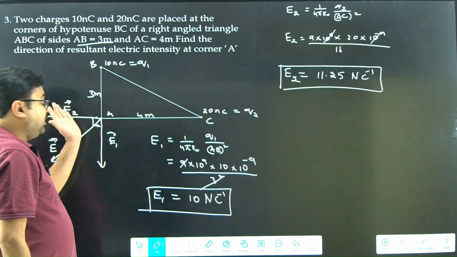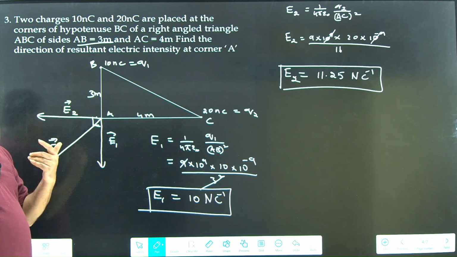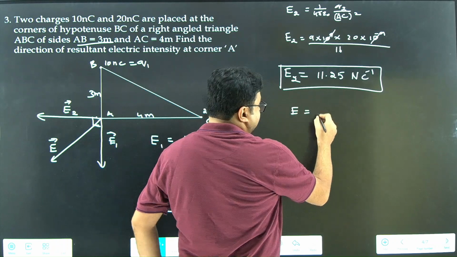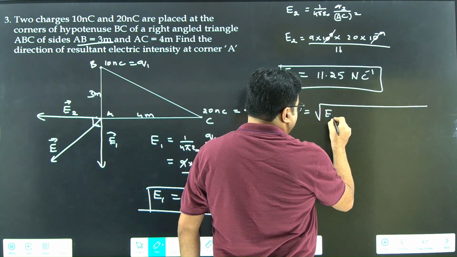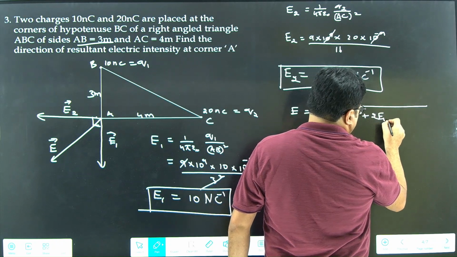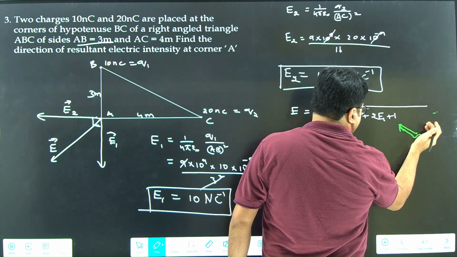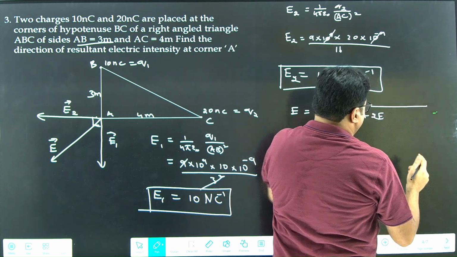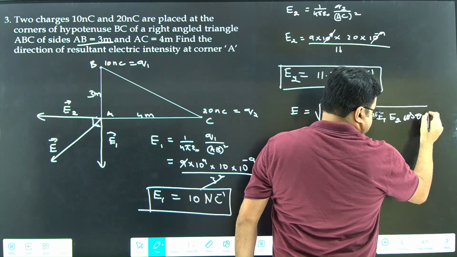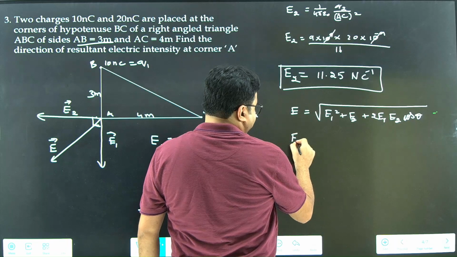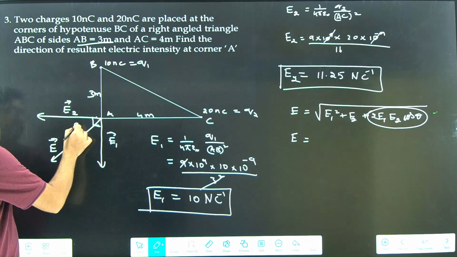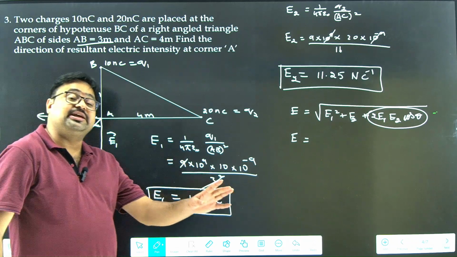Now we have E1 and we have E2. You can calculate the resultant electric field E. The resultant electric field E, my dear friends, becomes equal to root of E1 square plus E2 square plus 2 times E1 E2 cos theta, right? Now when that is the case, you can just substitute here, but you need to know that theta in this equation is 90 degrees, because that's the angle between E1 and E2.